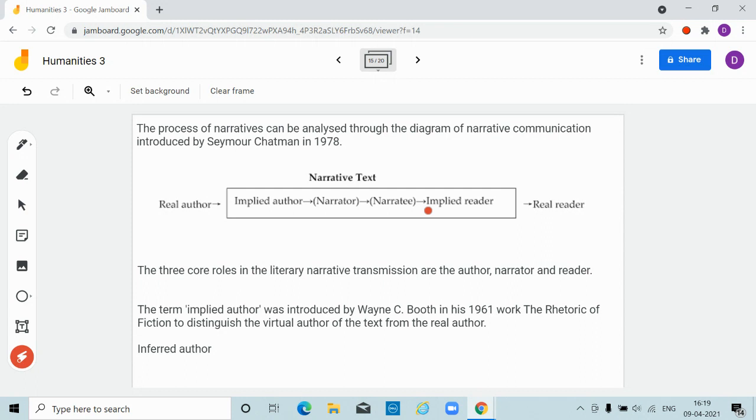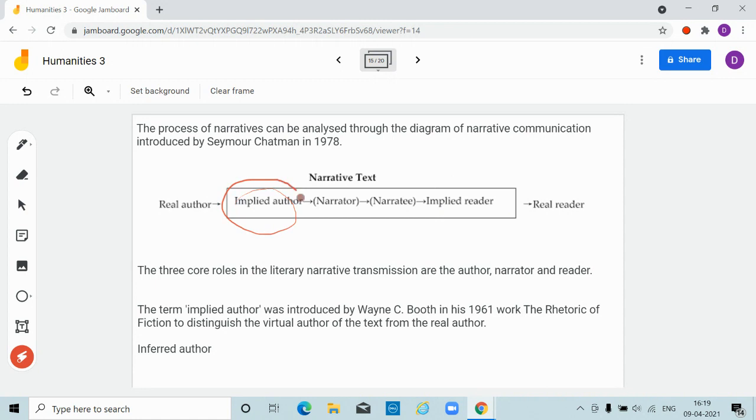as far as the author was concerned. So he had this particular reader in mind when he was writing the work. Such a reader is called the implied reader. Now all these are virtual characters, right? The implied author is not real, the implied reader is not real.